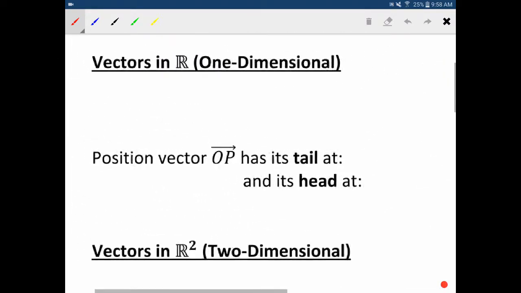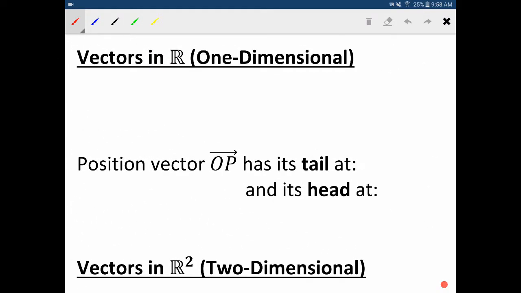A one-dimensional vector has magnitude, just like normal. It also has direction, which it has to have to be a vector, but the direction is just either going to be positive or negative, because there's only one dimension, so it can either go one way or the other, and that's it.